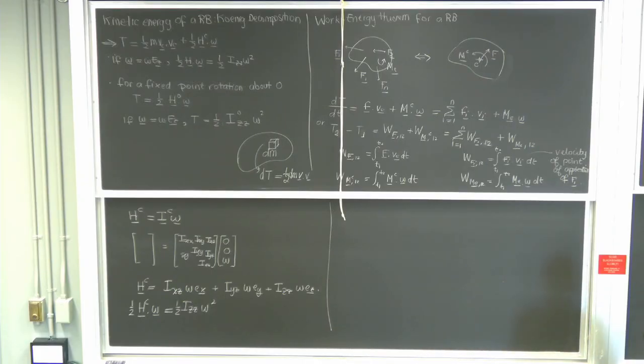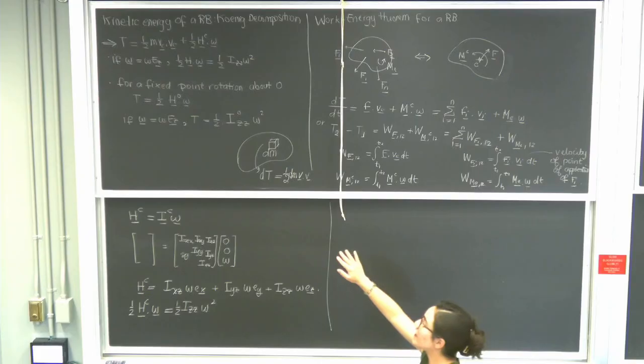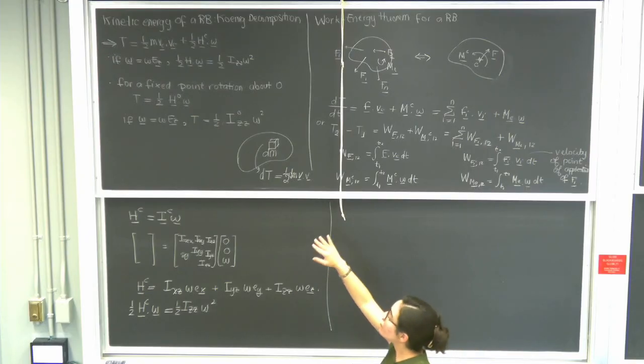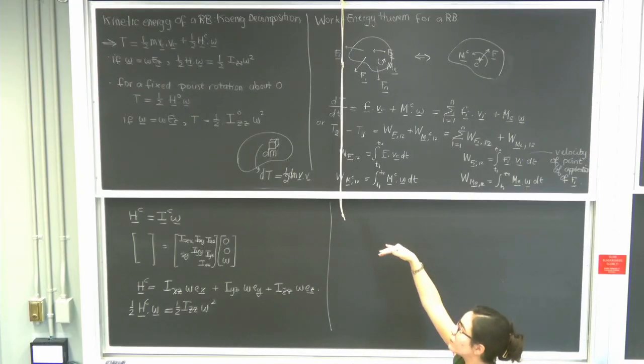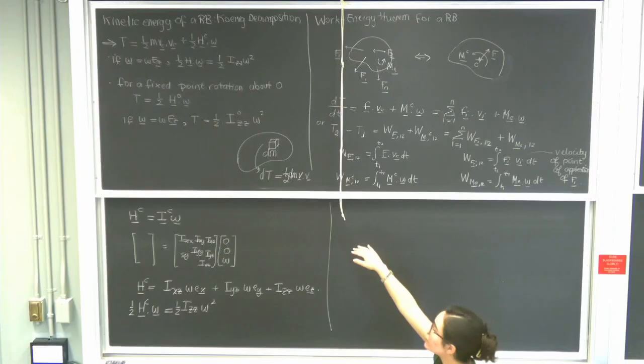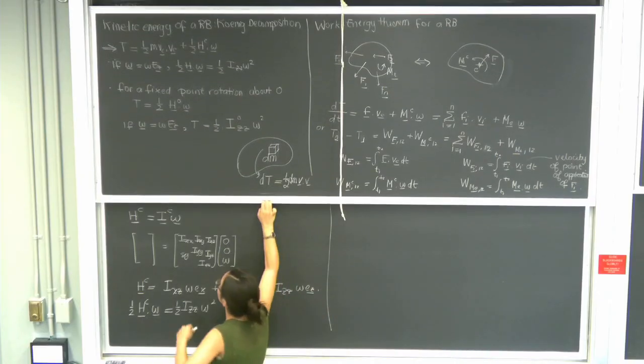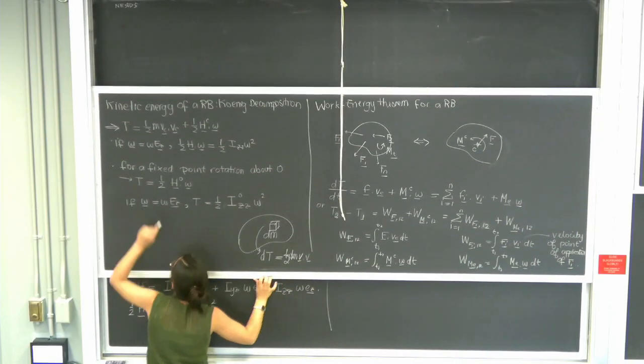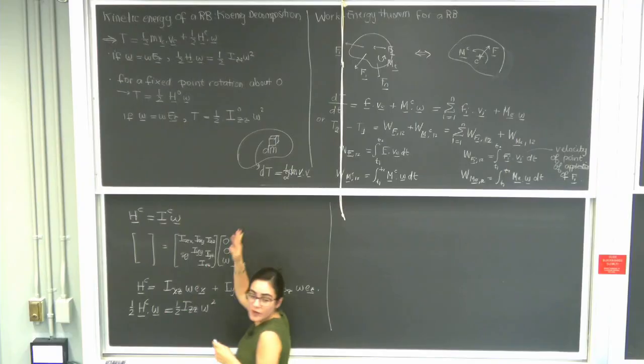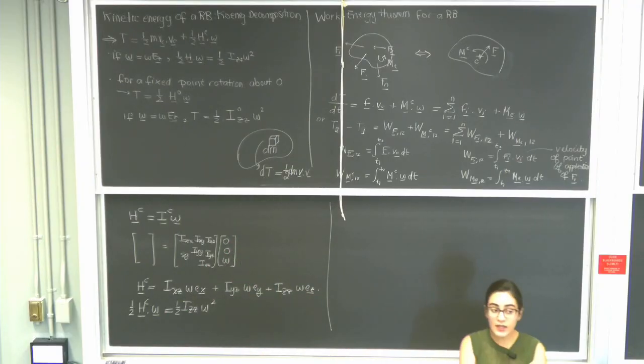Now there is another simplification that happens if the body is rotating about a fixed point O. Then the kinetic energy, I can express it as half H_O dot omega. So that expression will be equivalent to the bottom one, if the body is rotating about a fixed point O. Let us show this.